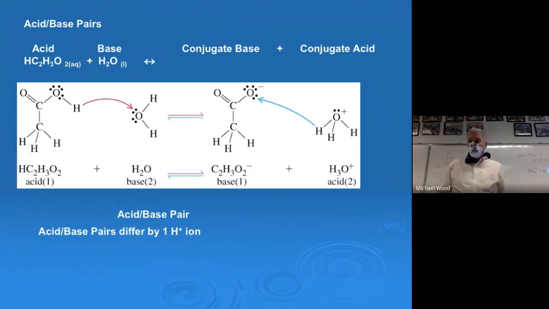Okay, so here's that concept of the conjugates that I was talking about. If you're taking notes, what you do on these problems is you follow the H's.